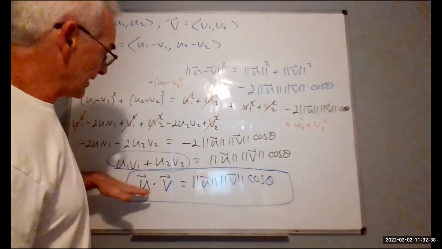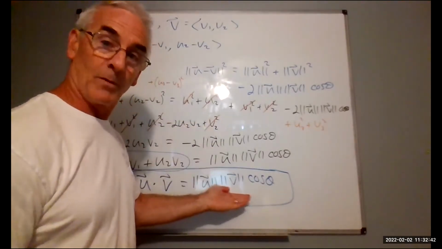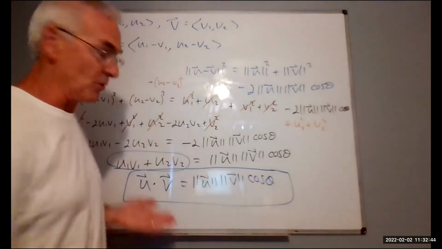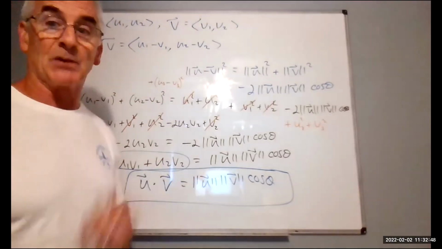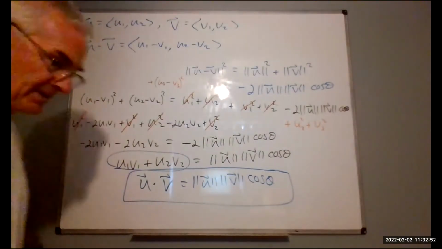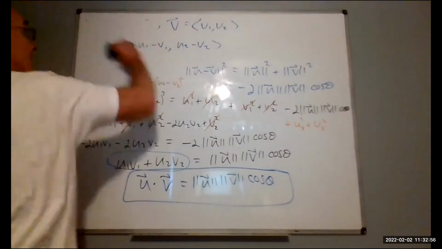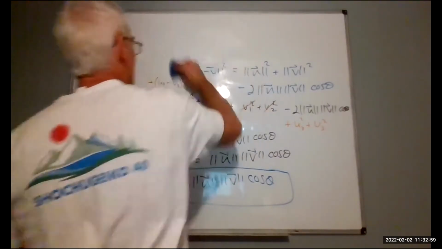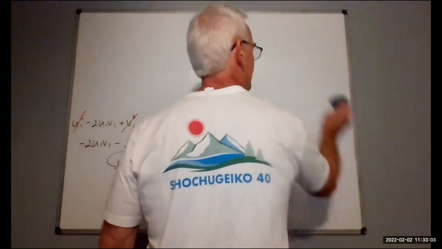So think of it in coordinate form or in magnitude form. These are exactly the same thing. So this is the big result. This is not the definition. This is a result of the definition and the law of cosines. All right, so let me erase this here, and let's keep using this because dot product is so incredibly practical and useful.